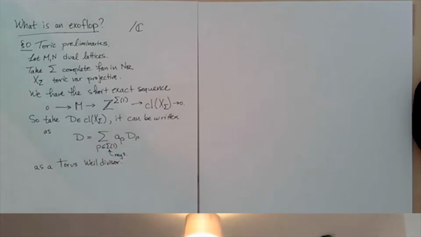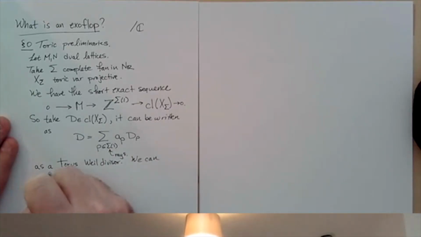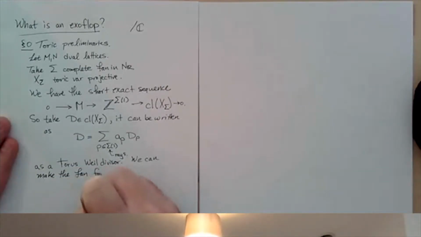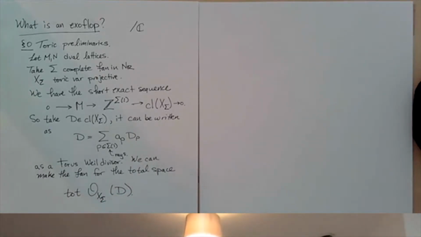Okay. And then we can make the fan for the total space of O_X_sigma(D). This is a fairly straightforward kind of construction.